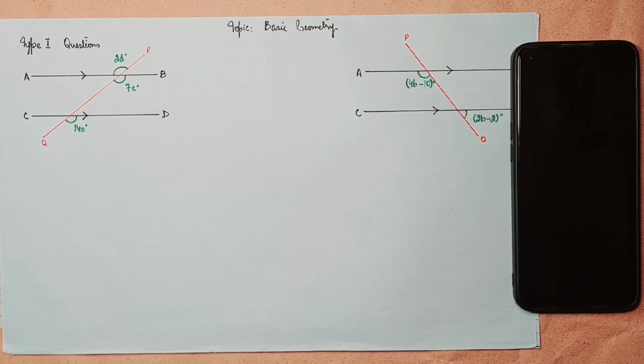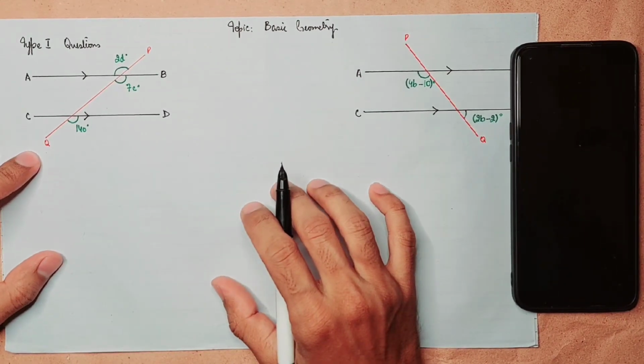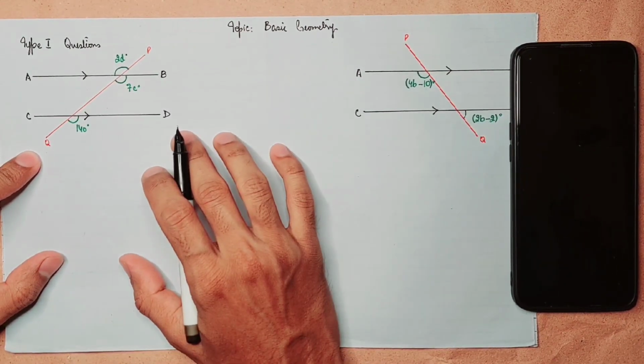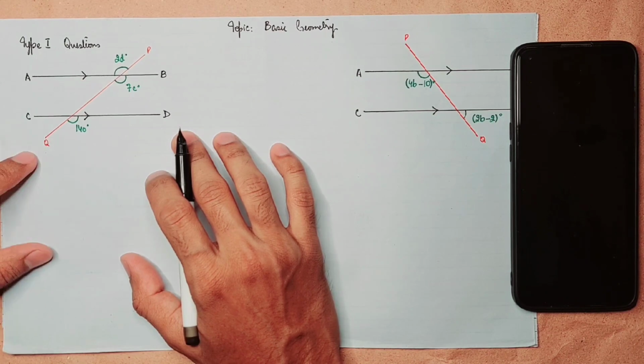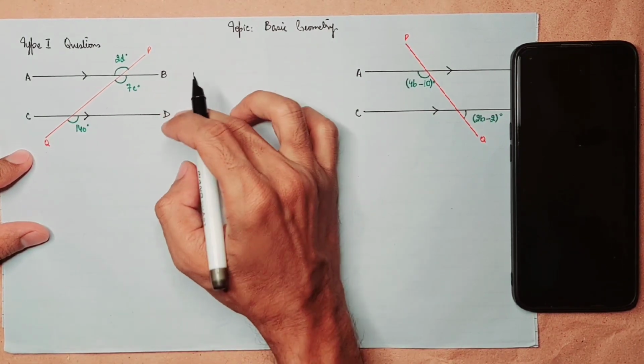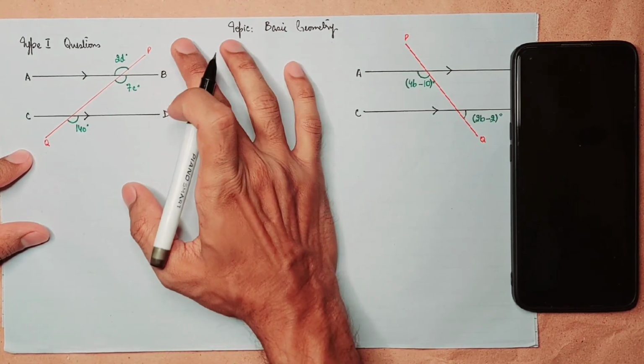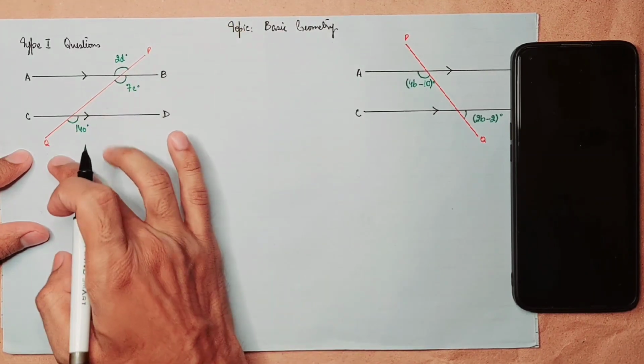Firstly, we are discussing type 1 questions, in which we are given a pair of parallel lines which is being intersected by a transversal. Here you can see that we are given a pair of parallel lines, AB and CD, and it is being intersected by a transversal PQ.